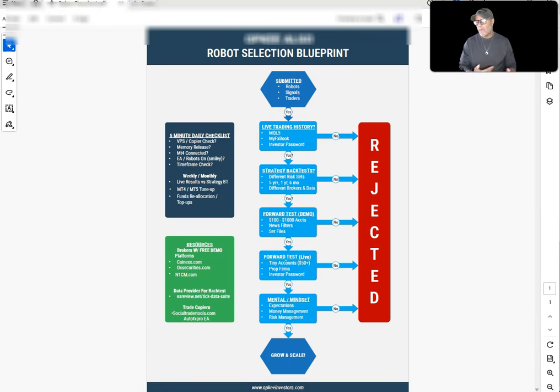You've got to put some money in the market so it can handle real live spreads and, of course, the broker's environment. B, it builds your knowledge on how to risk manage and how to money manage.